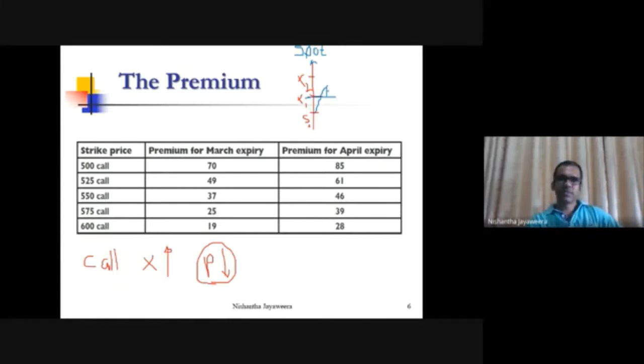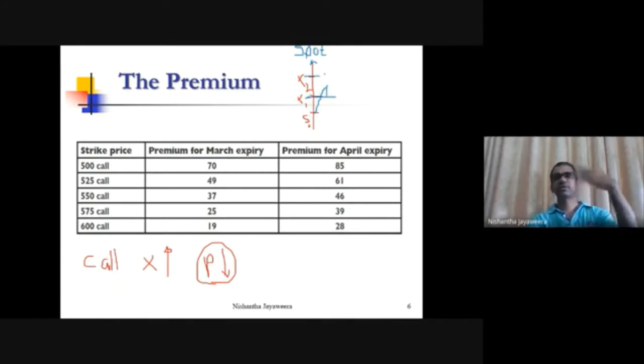X2 is a much higher strike price. For the same time period, within a 1 month period, what are the chances of the price going above X1 or going above X2? The chances of the spot price trading above X1, which is closer to the current spot price, are high compared to the chances of the spot price going above X2.